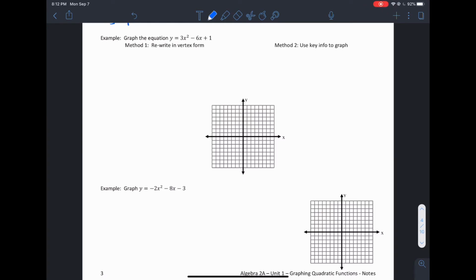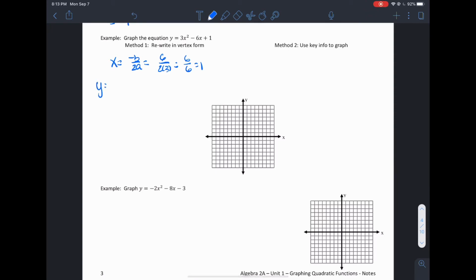So if I rewrite in vertex form, well, all I have to do is find the vertex, right? So x equals negative b over 2a. So x equals 6 over 2 times 3. So 6 over 6, which is 1.